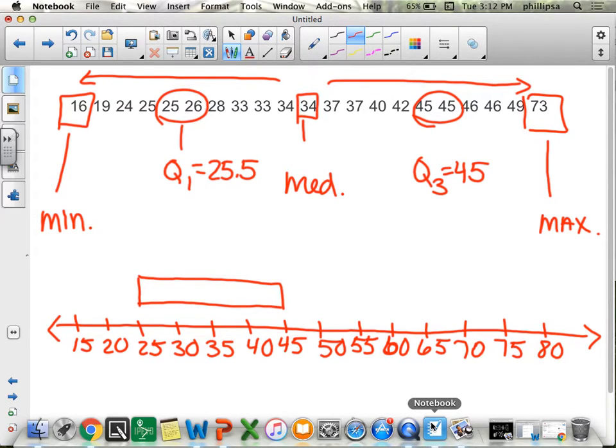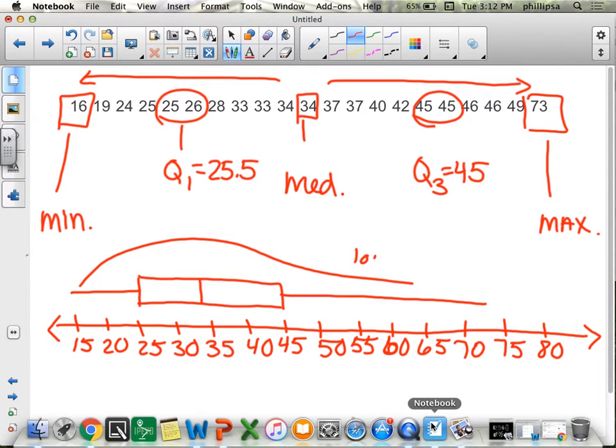I need to now notate my median at 34. I'm going to draw one whisker to my min, and my other whisker to my max. Now let's quickly talk about what the distribution looks like. You can see that this is a long tail end here. So this is probably going to be right skewed.